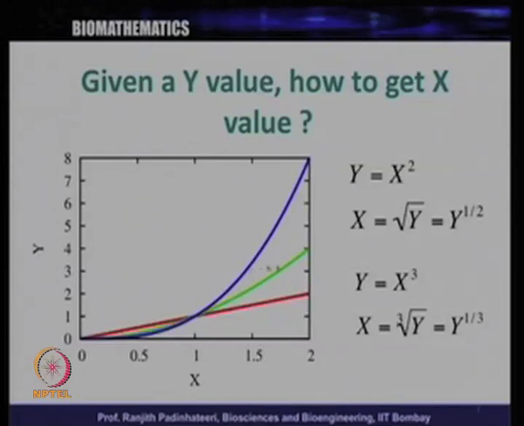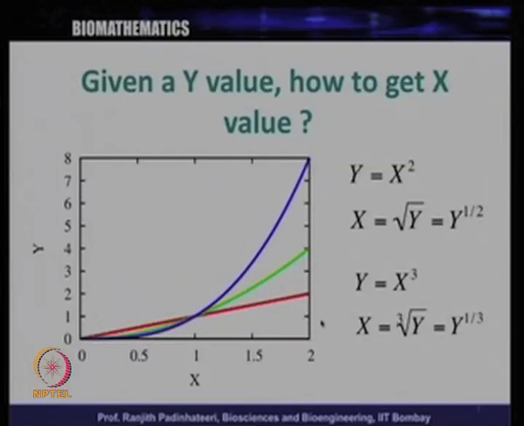Similarly, if our function is y equal to x cube, and we know the y value, to calculate the corresponding x value we will find the cube root. This symbol is the cube root, with a 3 here, or y power 1 by 3. For example, let us look at this blue curve. When the y value is 8, if you draw a line from here and down, the corresponding x value is 2.